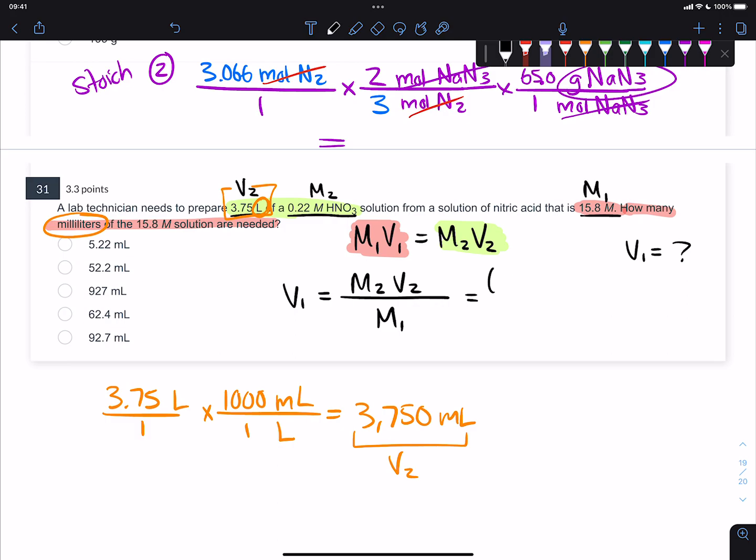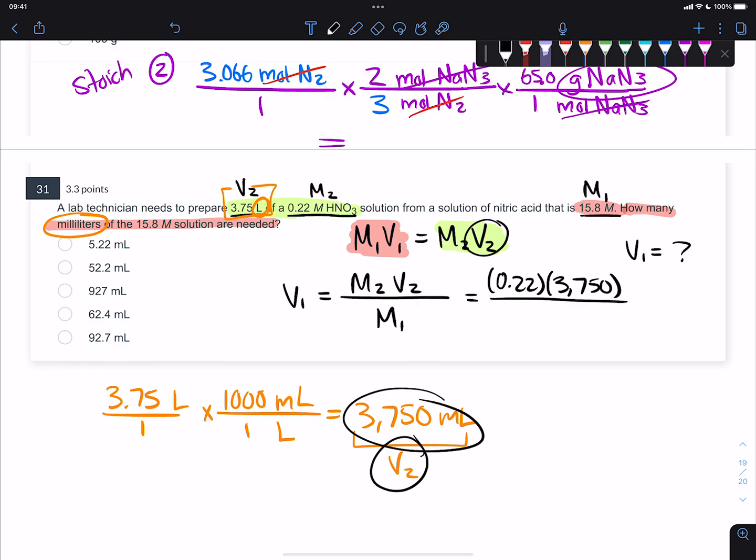The green side, the final volume and the final molarity, are going to be 0.22 for the molarity and 3,750 for the volume. So we just took this and made sure to get it into milliliters. That way we don't have to worry about it at the end. So we got milliliters. Divide that by the M1 and you get 15.8 down there, and you do your math.